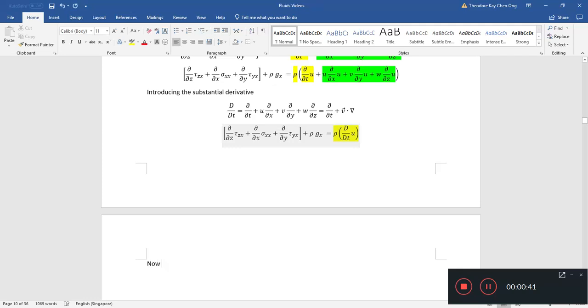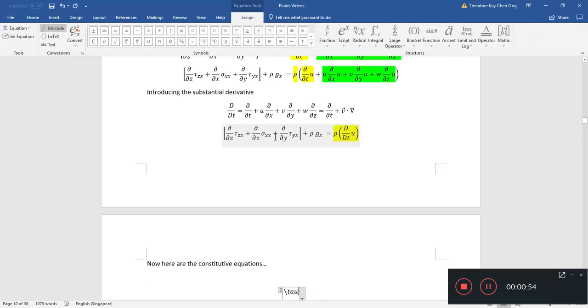Now, here are the constitutive equations. Alright, for now just bear with me. I'm just going to throw some equations at you.